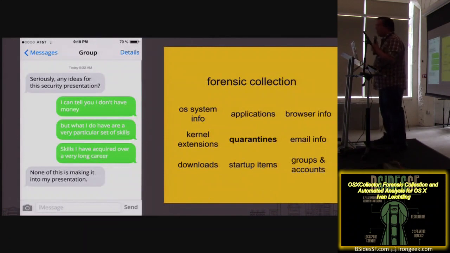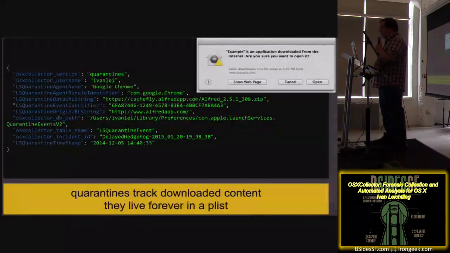So what else do we collect? Quarantines. Quarantines are really cool in looking at how infections happened on a machine. Quarantines are basically that thing that gives the OS enough information to be like, you downloaded Firefox from the internet. Are you sure that's okay? It's like, yeah, I get it. I downloaded stuff from the internet. But it turns out these are useful because they're basically tracking all of the downloads you made from the internet that resulted in someone trying to launch a program.